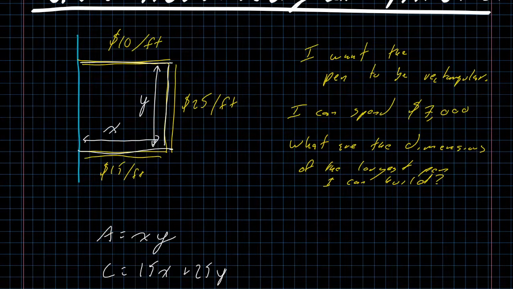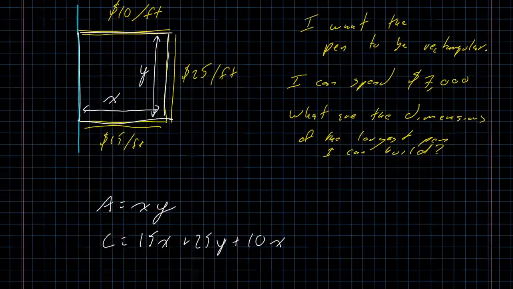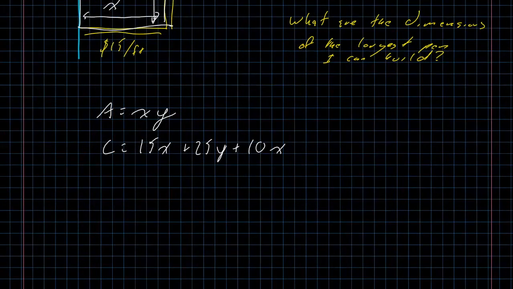This wall is going to cost 10X. And then the last wall is going to cost nothing because the building is already there. All right, conveniently simplify that. We get 25X plus 25Y.